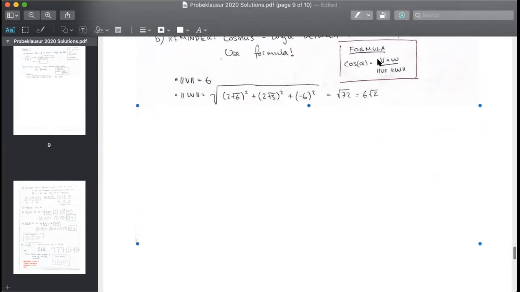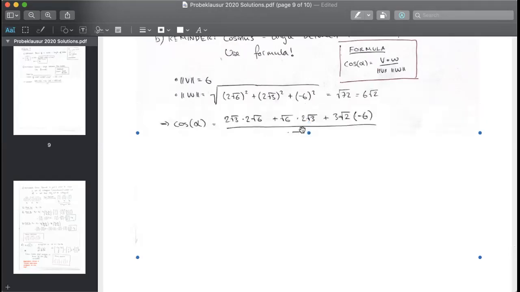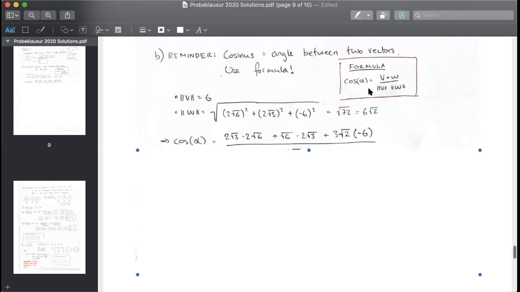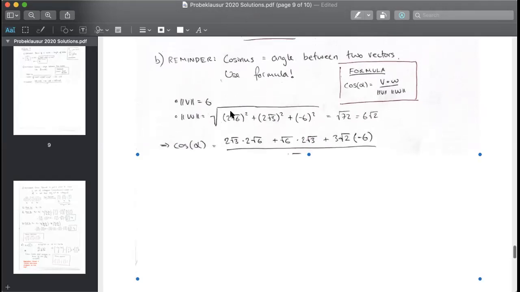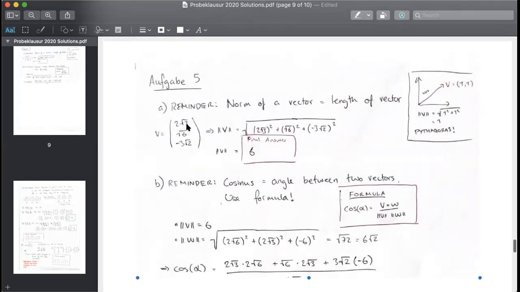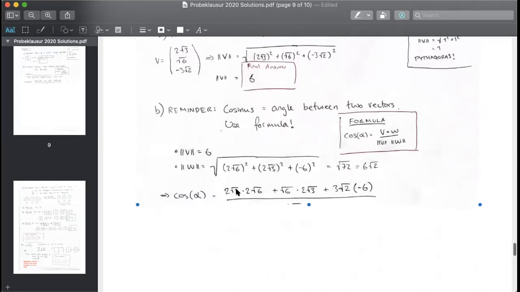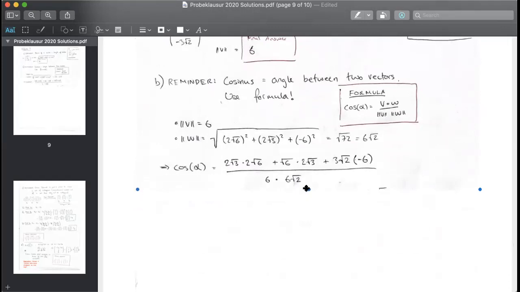Now you're ready to find the cosine. Apply the formula for the cosine. The dot product means the first component of v times the first component of w, plus the second component of v times the second component of w, plus the third of v and the third of w, divided by the product of the norms.